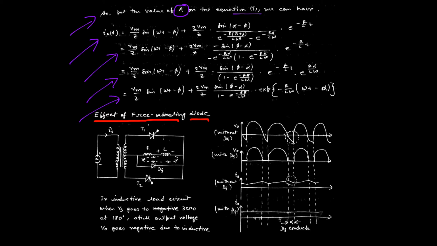So this is the final expression through which we can define the transient current during RL operation in case of the full wave rectifier. This is the final expression for the total solution of the current. Okay.